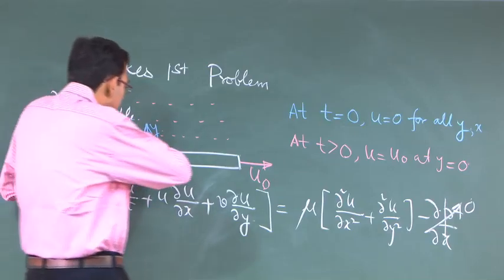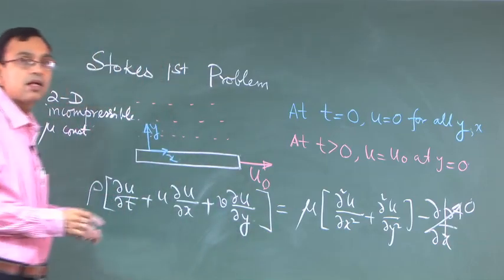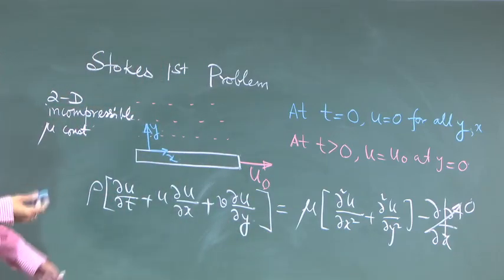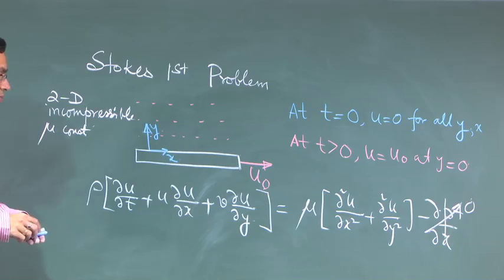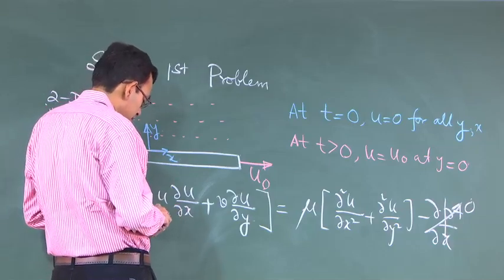Because the entire plate is pulled at a uniform velocity along x, there is a translational invariance to this problem. Because of this translational invariance, u is not a function of x.